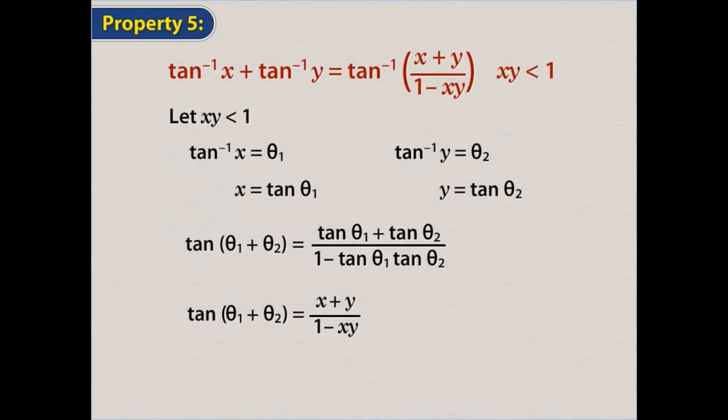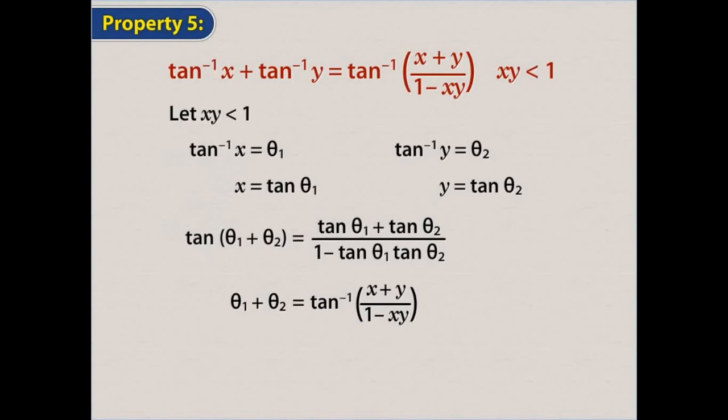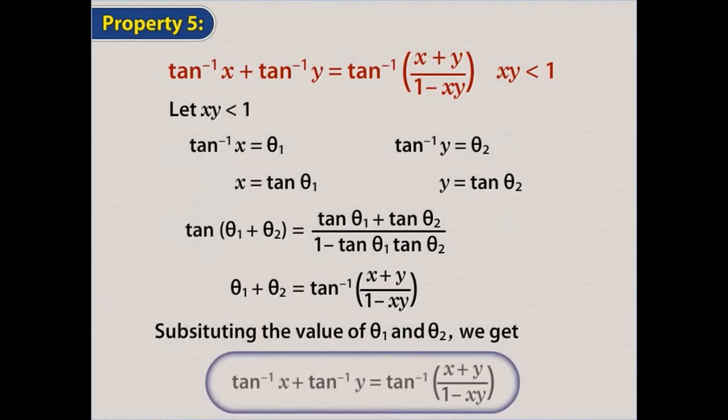This can be written as theta 1 plus theta 2 equals tan inverse of x plus y in the numerator and 1 minus xy in the denominator. Therefore, tan inverse x plus tan inverse y equals tan inverse of x plus y within brackets whole divided by 1 minus product of x and y.